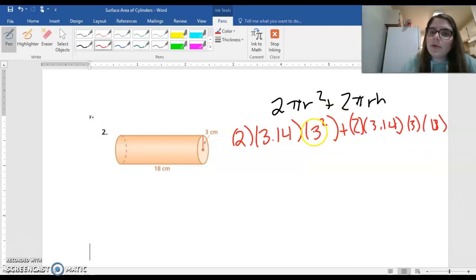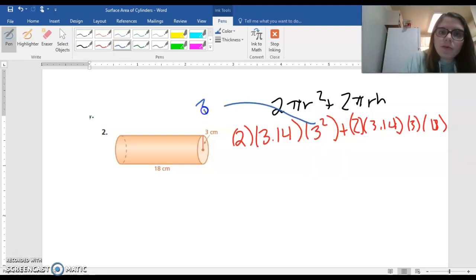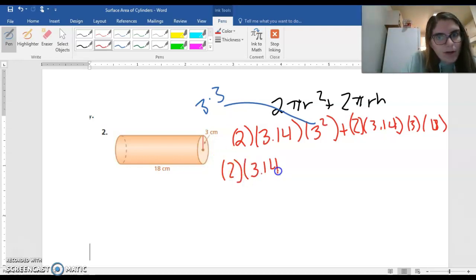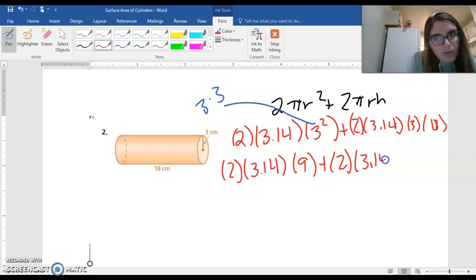Now we need to do 3 squared, so 3 times 3, which we know is 9. So we're going to have 2 times 3.14 times 9 plus 2 times 3.14 times 3 times 18.